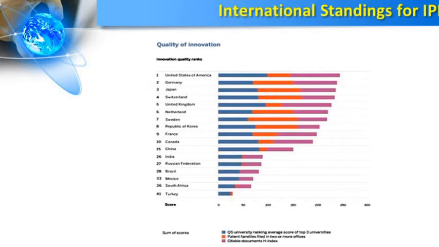China is overtaking all the countries in the application of patents currently, but for quality of innovations, China is more into utility patents, where they apply for patents for new inventions. But overall in quality of innovations, the United States ranks first, followed by other countries like Germany. India stands 26th place here.